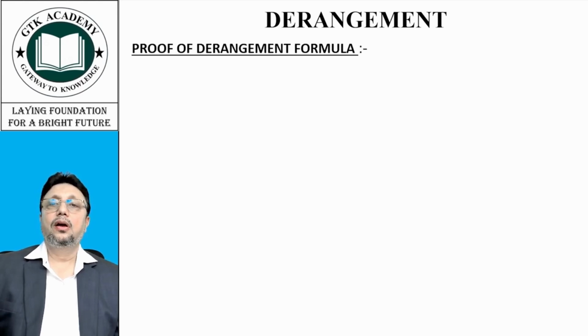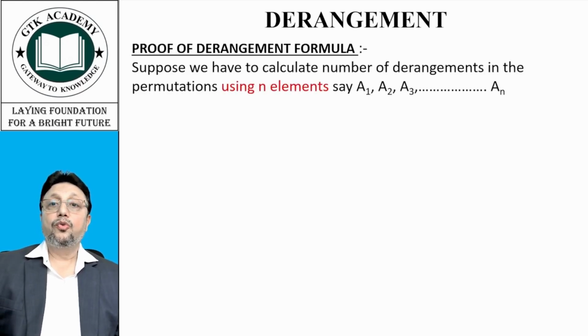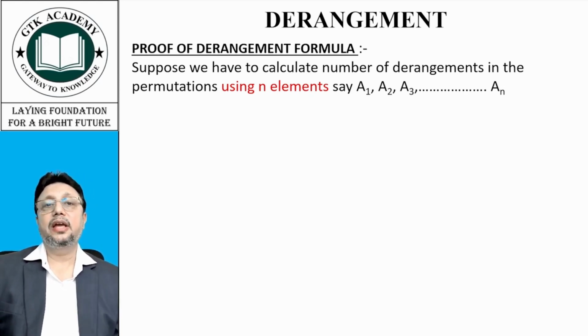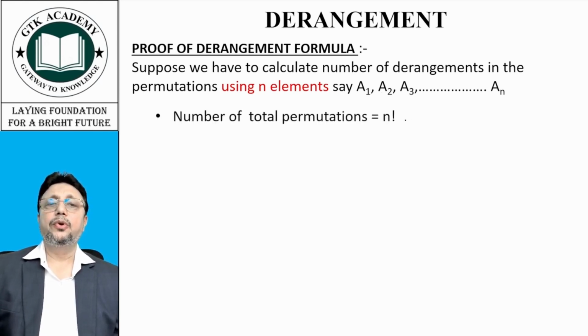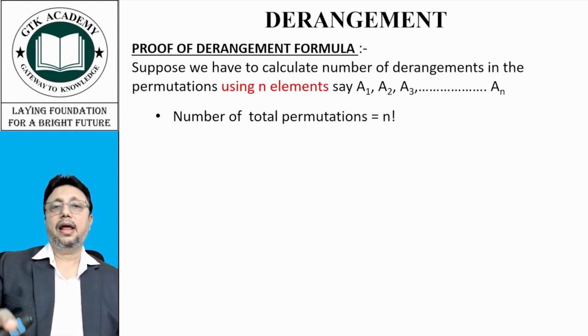Now we go to the proof. Till now we have discussed 3 numbers, 4 numbers, but if there are n numbers, A1, A2, A3 till An, n things, n elements, whatever. Again, we'll say number of permutations will be factorial n, because that is total permutation. Now you have to subtract what?